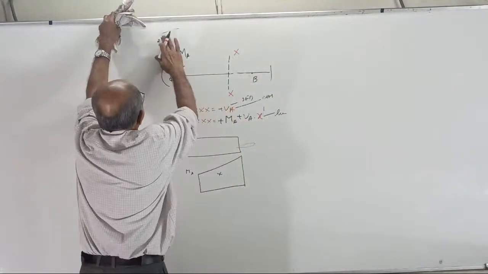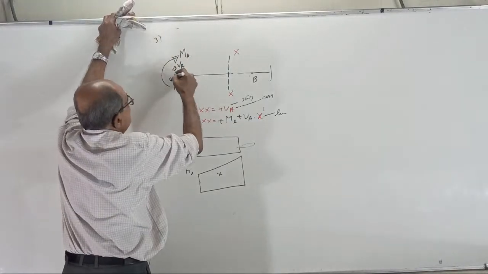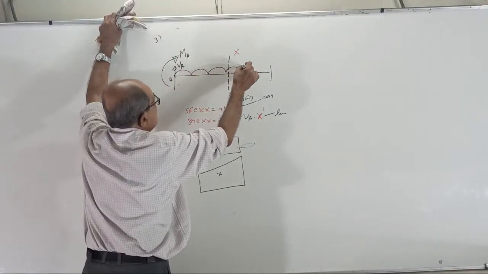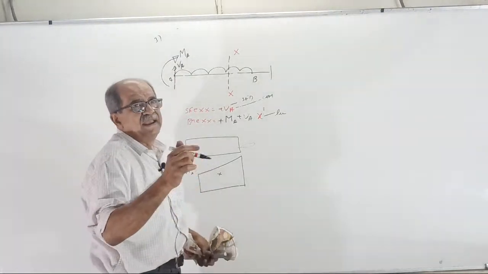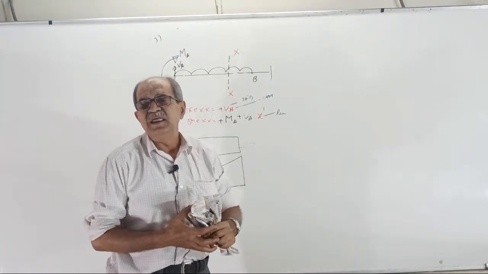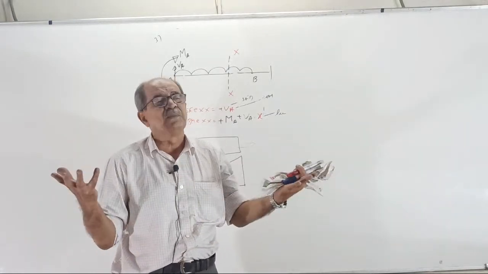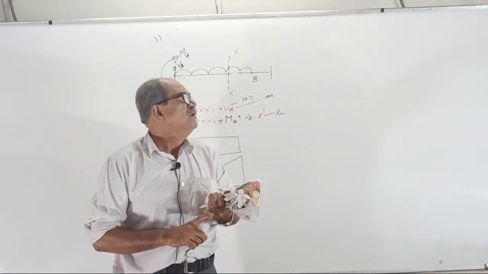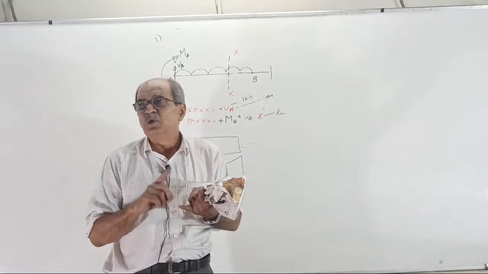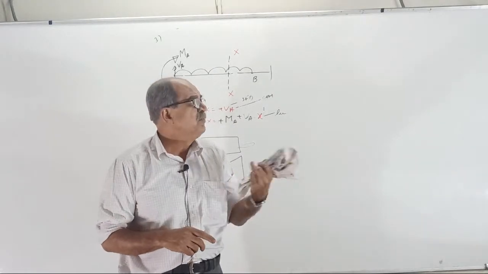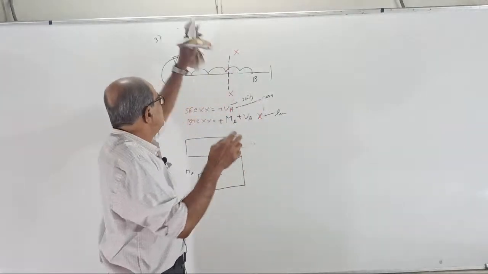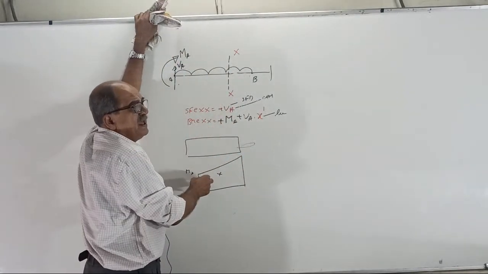Start. Case 3. There is a UDL between the two standard points. Anybody can tell? Someone asked me earlier, sir, between two standard points, you told when there is no shear force, okay, clear, sir. Then you told shear force is there, no load, then shear force constant, BM linear, correct.